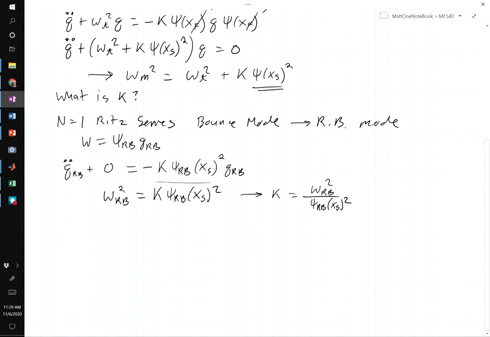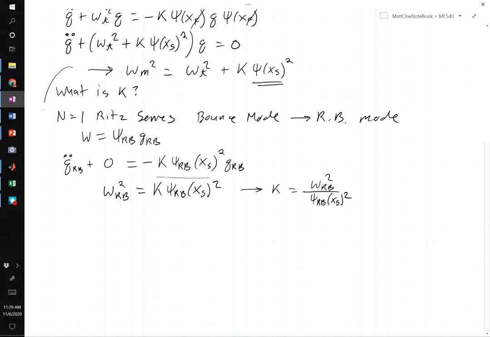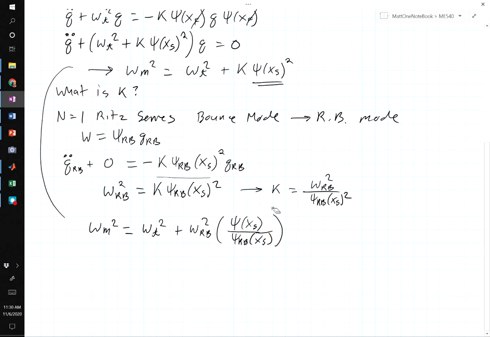So if we plug that in up above, what we get is that the measured natural frequency squared is the true natural frequency squared, plus the rigid body natural frequency squared times this ratio of the elastic mode shape and the rigid body mode shape at the point where the spring is attached, and then we square that ratio.